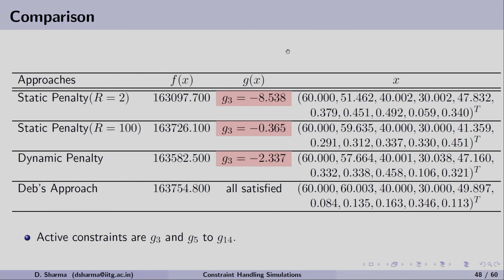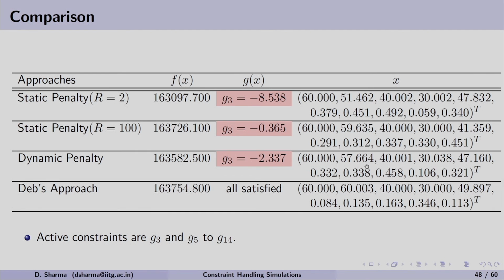Now, if we compare their numerical values, we have done the simulation for static penalty with R equal to 2, R equal to 100, dynamic penalty and Deb's approach. Since there are many constraints, here we are showing only the constraint which is not satisfied. For static penalty as well as dynamic penalty, the constraint G3 was not satisfied.